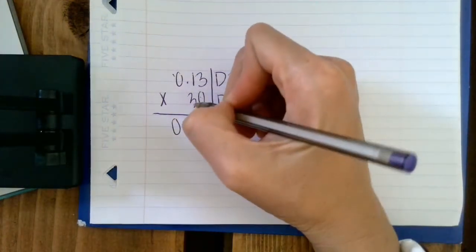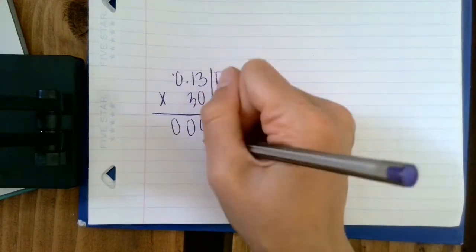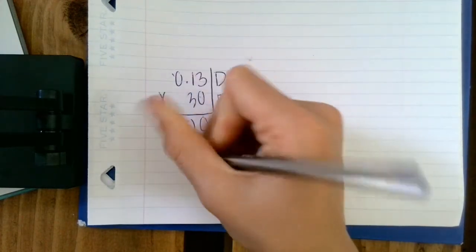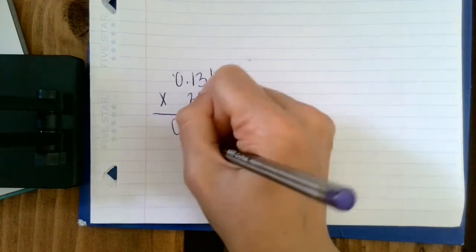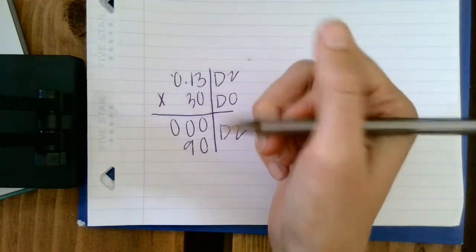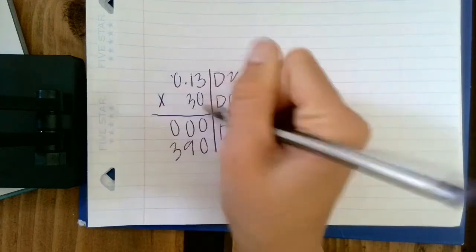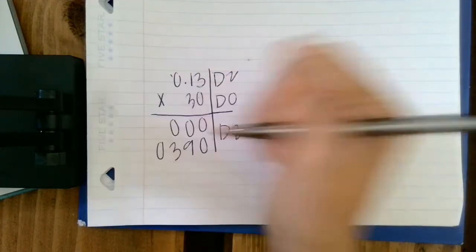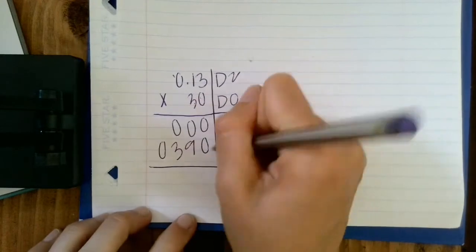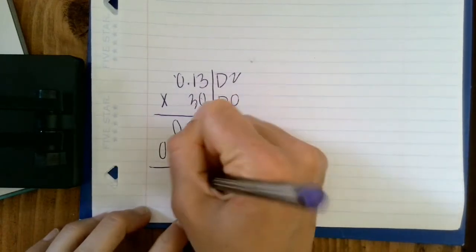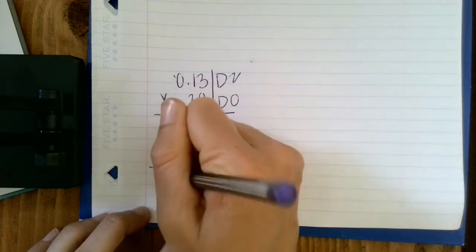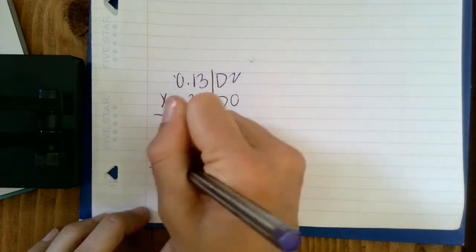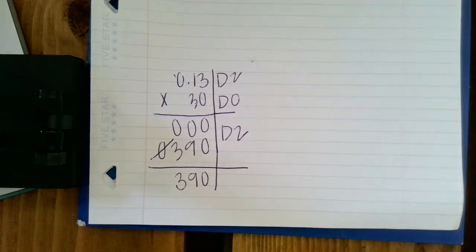Alright, so I'm now moving on to the tens, and therefore I need to add a 0 to show that I'm moving to the next place value. So I now have 3 times 3, which is 9. 3 times 1, which is 3. 3 times 0, which is 0. I'm going to go ahead and add these all together, leaving this last 0 off because we don't need the 0 in front of the numbers.